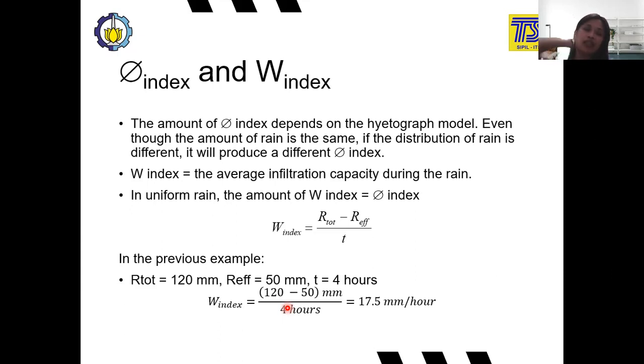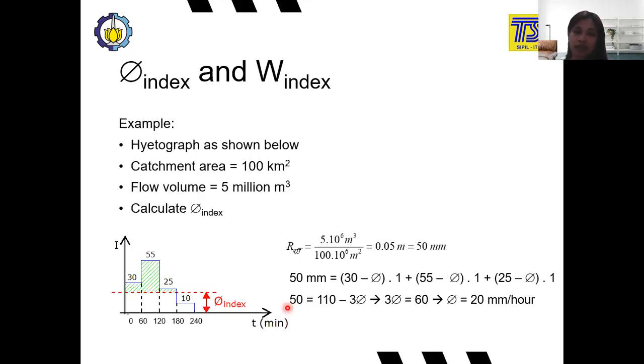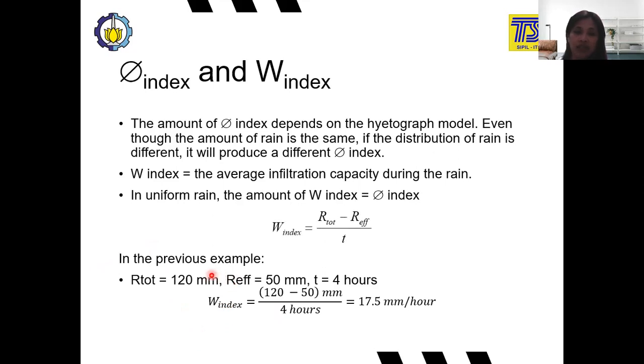For example, in this previous example, we have the total rainfall of 30 plus 55 plus 25 plus 10, which is 120 millimeters. And then we have the effective rainfall of 50 millimeters and a duration of the rainfall of 4 hours.